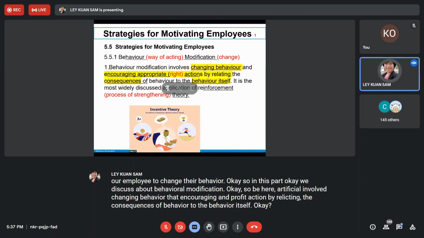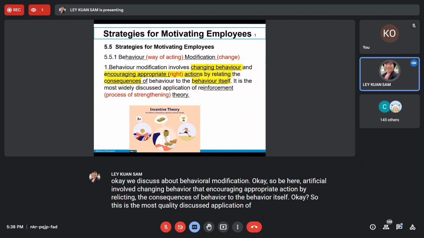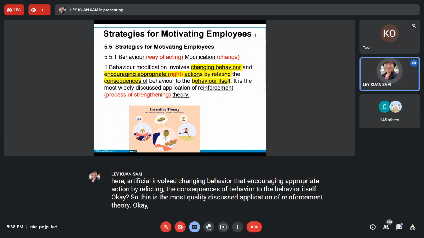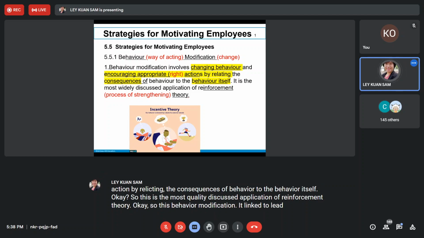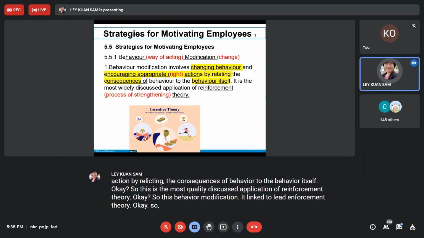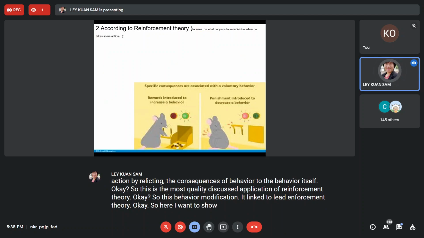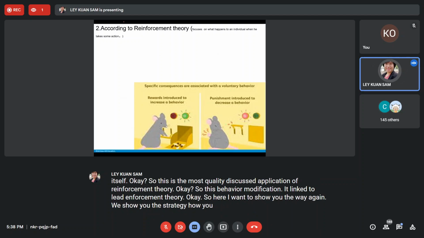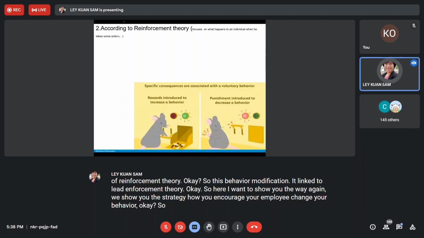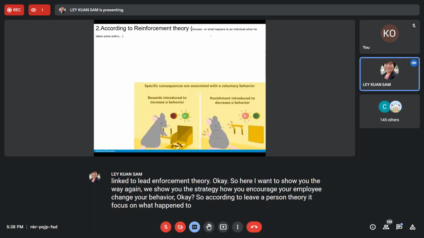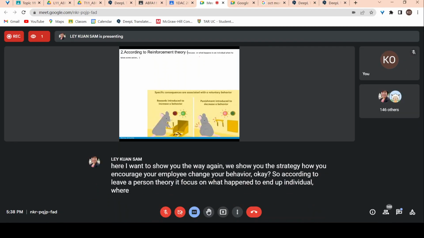This is the most widely discussed application of reinforcement theory. So behavior modification is linked to reinforcement theory. Here I want to show you how you encourage your employees to change their behavior. According to reinforcement theory, it focuses on what happens to an individual when he takes some action.